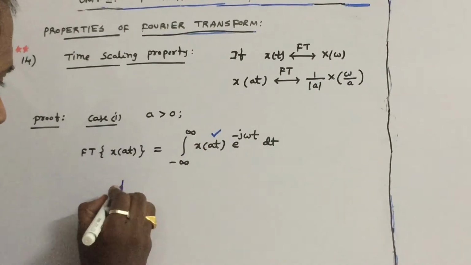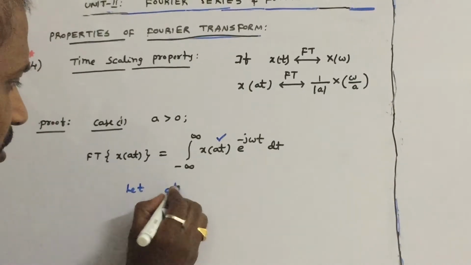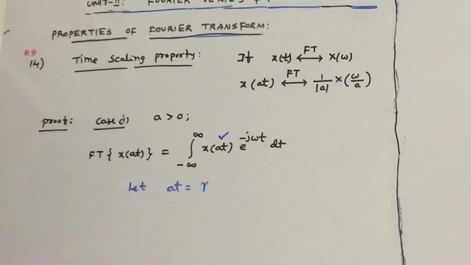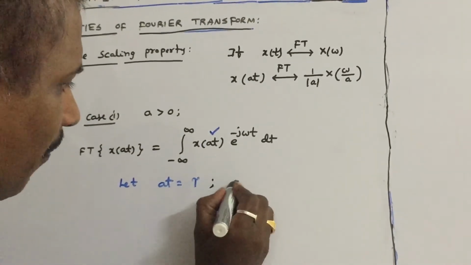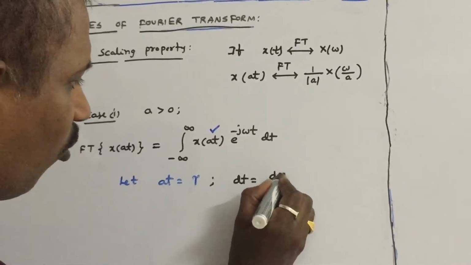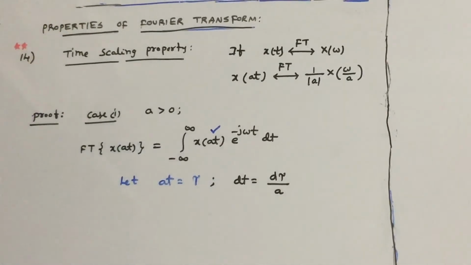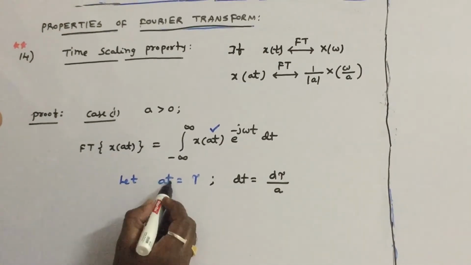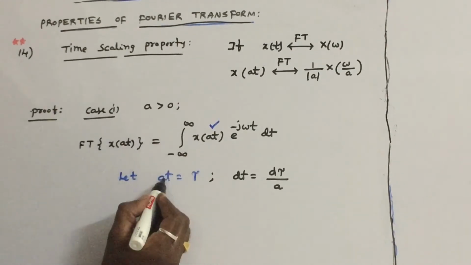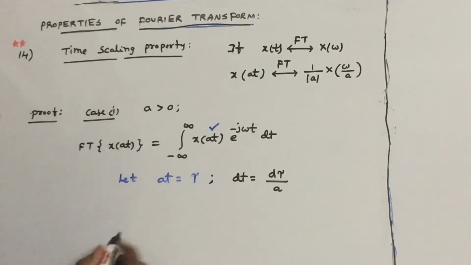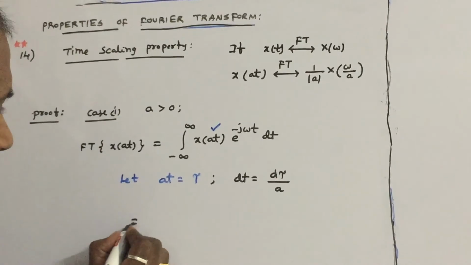Let this term at be equal to, let us say, tau. So what will dt become? dt will become d tau by a. If you substitute t equal to minus infinity, tau will remain minus infinity. If you substitute t equal to infinity, tau will remain infinity. So let us make these substitutions.